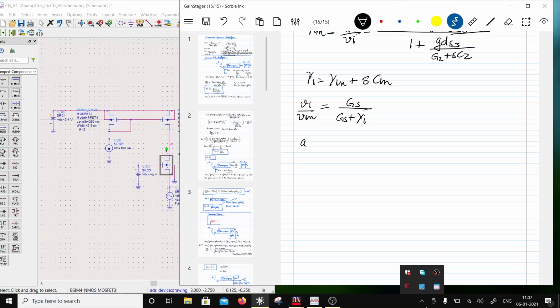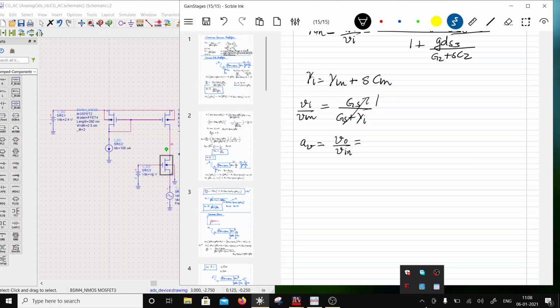So AV would be equal to VO by Vi, so VO by Vin. So I'll multiply the two terms, right? If I assume Rs equal to 0, that means GS is infinity. So this would be dividing by GS, so this term will become 1, right?